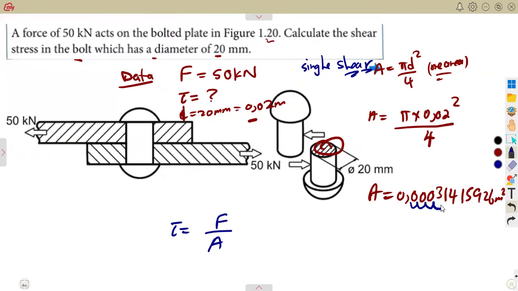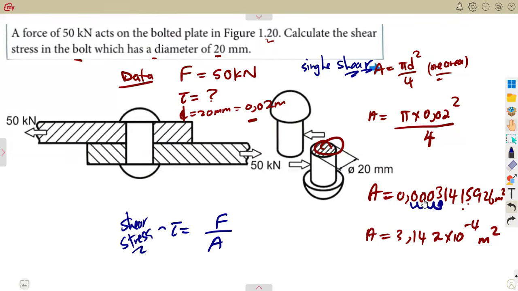Just going to use 4 decimal places there. So my area was going to be 3.142 times 10 to the exponent of minus 4 in square meters. Just write the way that you understand. So with this, we can now calculate our tau, which is our shear stress.